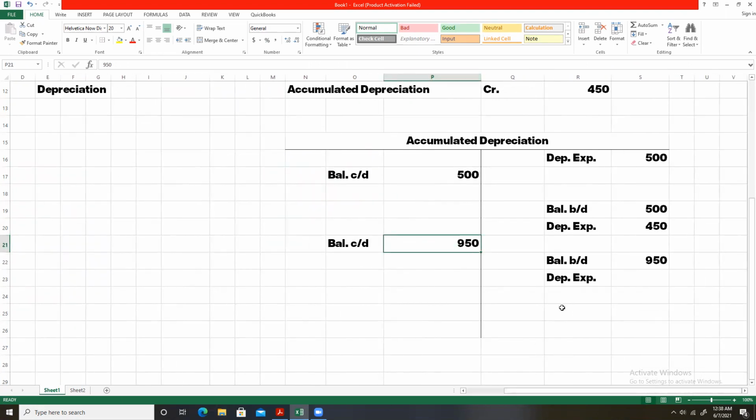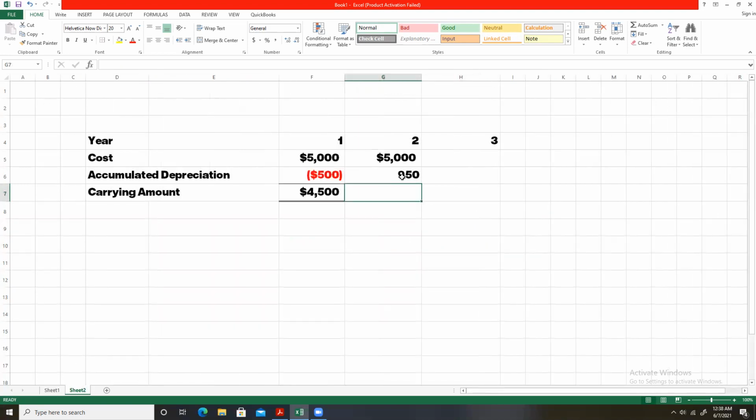At the end of the second year, the balance in the accumulated depreciation is $950, so it increased by $450, the depreciation expense for the year.